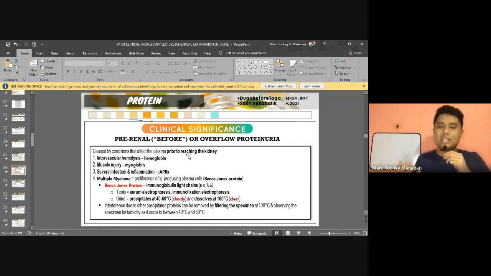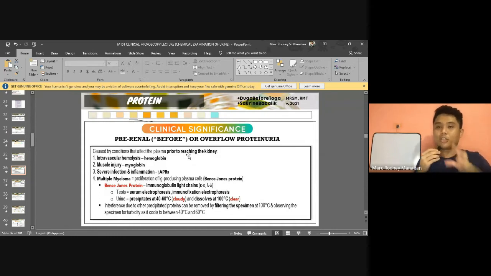Now, if you want to only detect Bence-Jones protein, i-filter nimo yung specimen at 100 degrees Celsius because again, katong mga precipitated na materials dito are the other proteins. So pag filter nimo, katong remaining na supernatant or fluid, ang mabilin na lang dito is the Bence-Jones protein. So after 100 degrees Celsius, ipa-cool nimo ang specimen to 40 to 60 degrees Celsius. And if mo-cloudy na siya, alright, then you are sure na ang cause sa cloudiness or turbidity sa imong specimen at that temperature, 40 to 60 degrees Celsius, is your Bence-Jones protein.